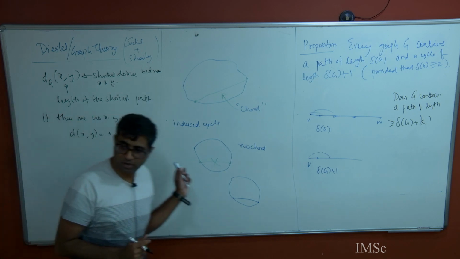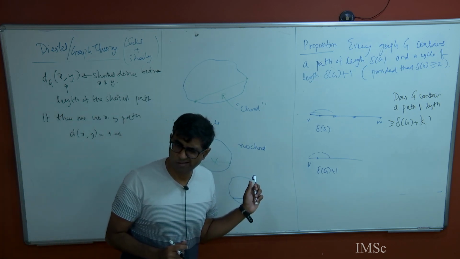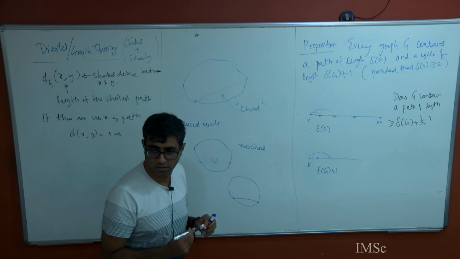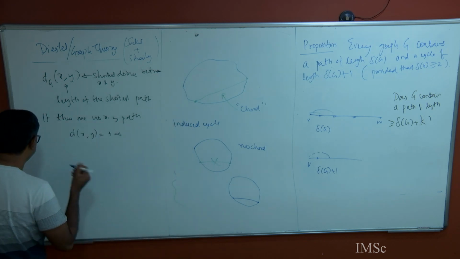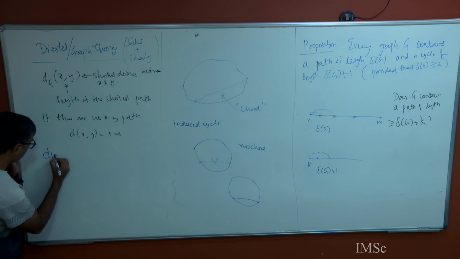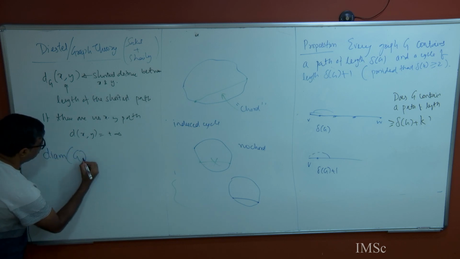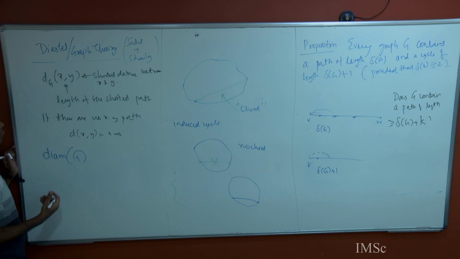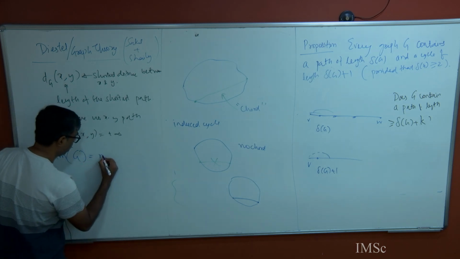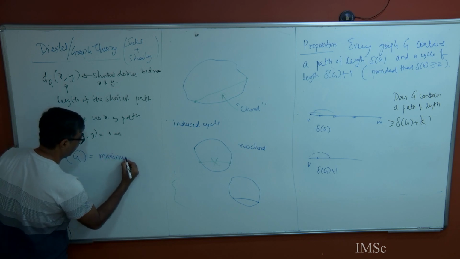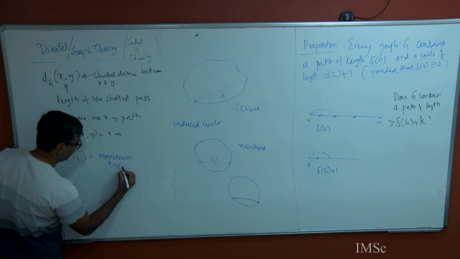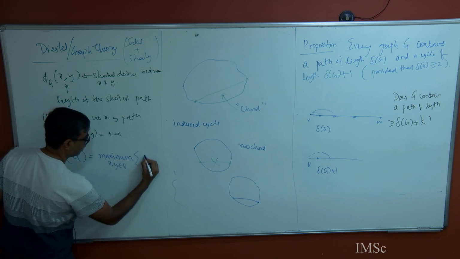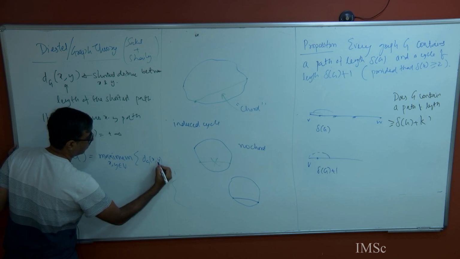Is this black color visible? Okay. So there's a notion of diameter of G. What do you think the diameter of G is? It is the maximum over x, y in V of d(x, y).